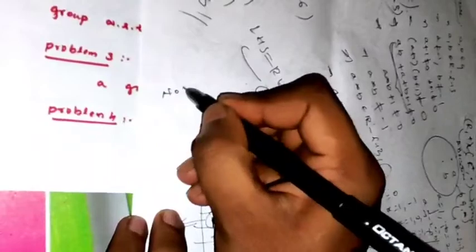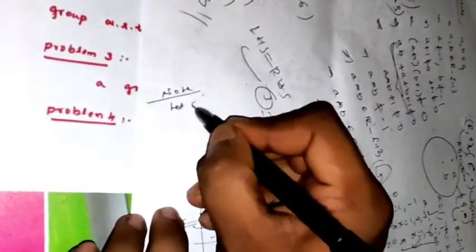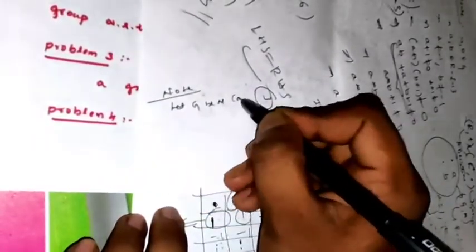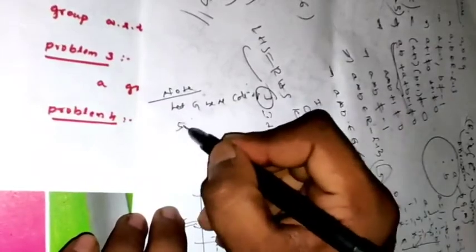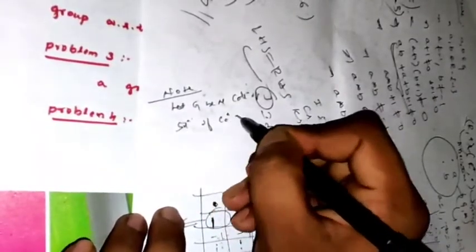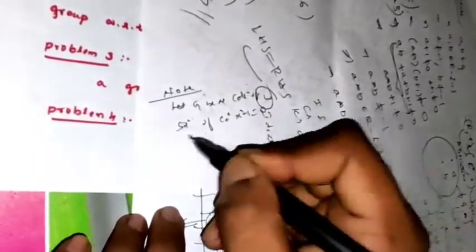Okay, now we have to observe like this: the set of nth roots of unity forms a group. Okay, we write down one important note. Let G be the collection of solutions of the equation x power n minus 1 is equal to 0.